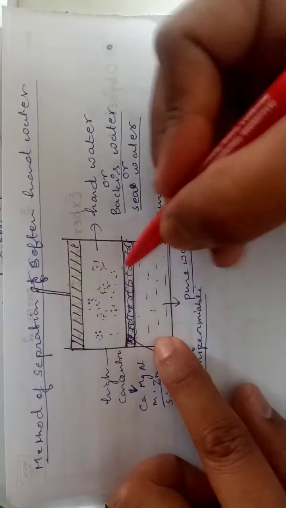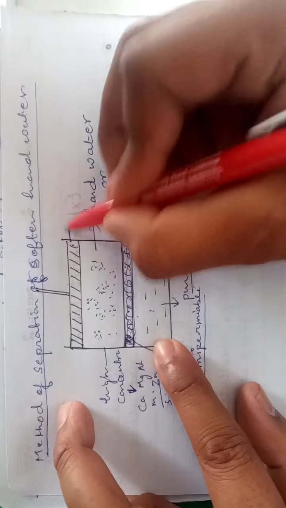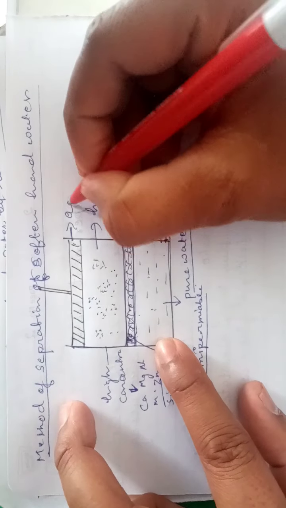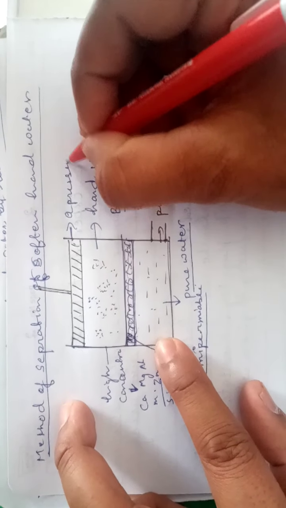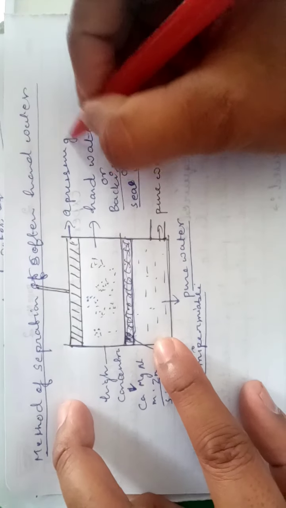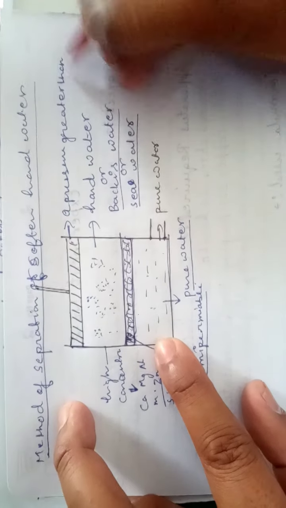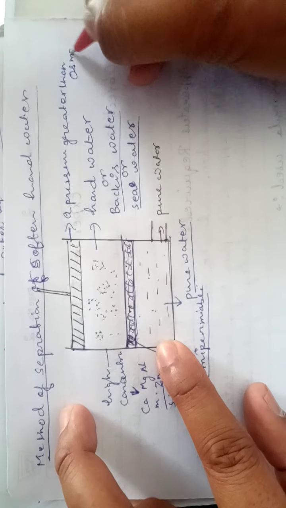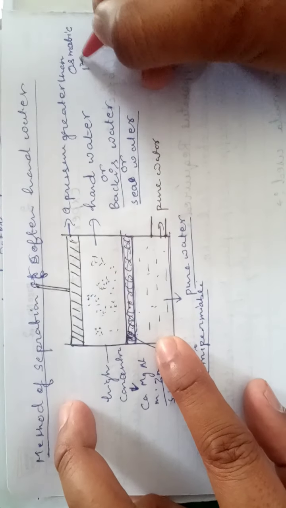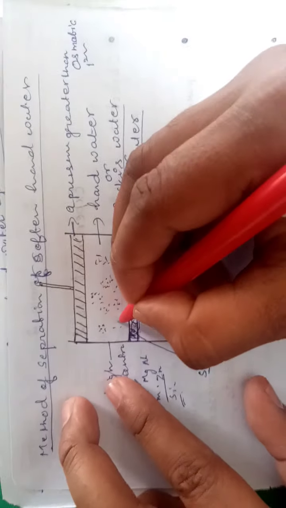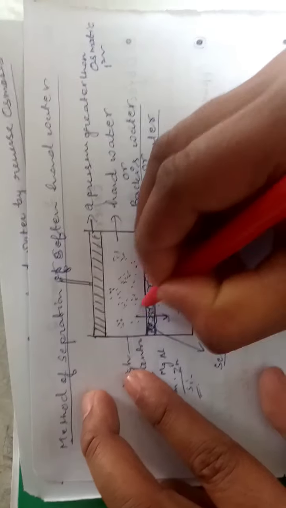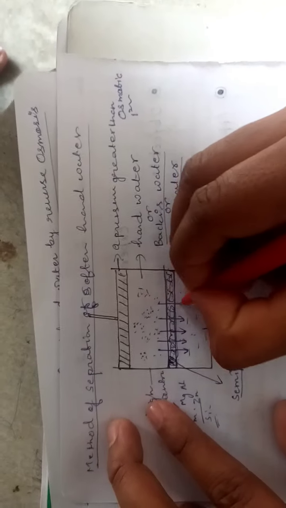So if we apply a pressure by piston greater than the osmotic pressure, then the particles start to move from high concentration to low concentration.